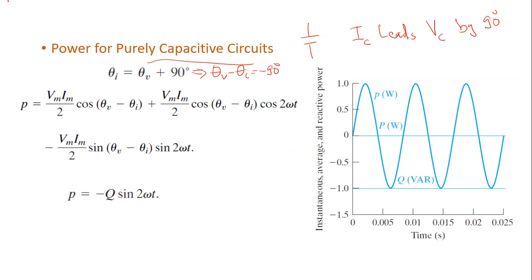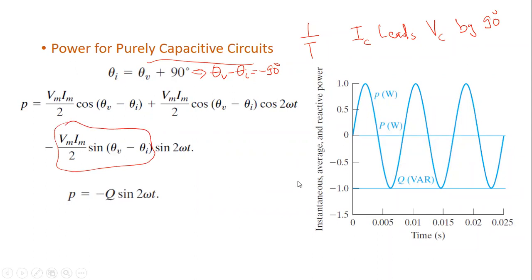Again here, if you plug in negative 90, this component will be equal to 0 and this component will be equal to 0. Here we have the instantaneous power, given as negative Q sine 2 omega t, where Q is this component.